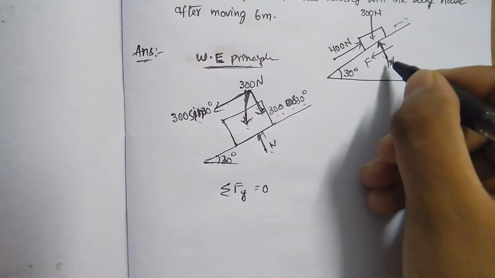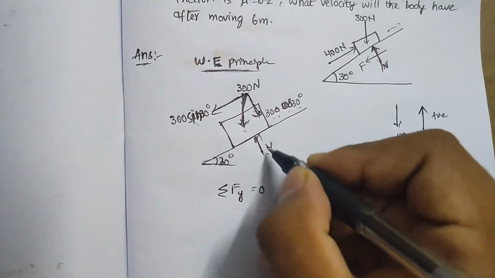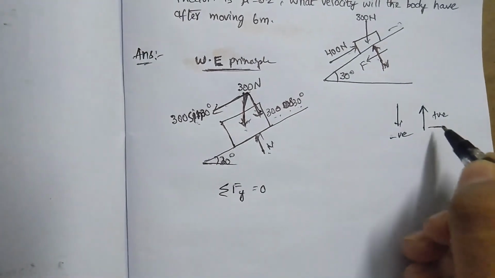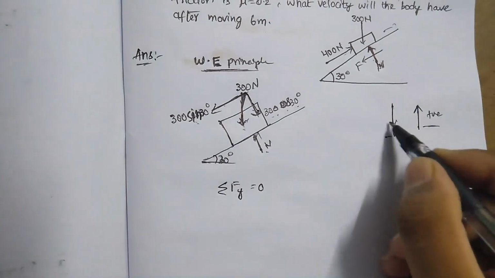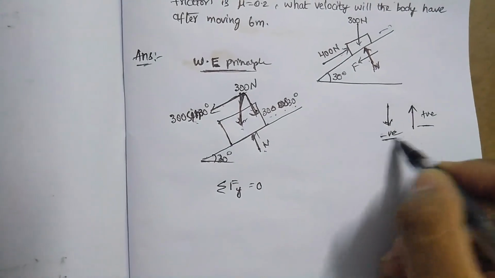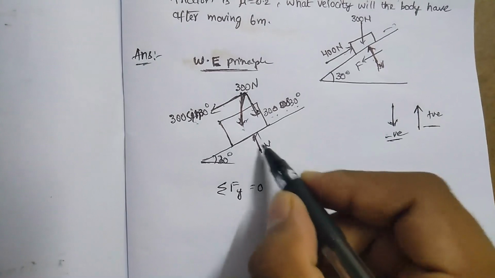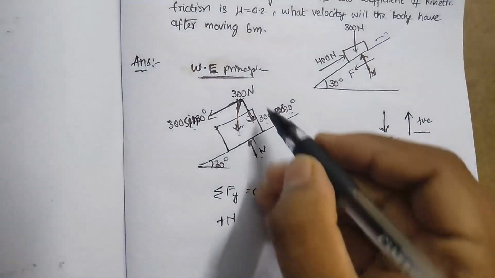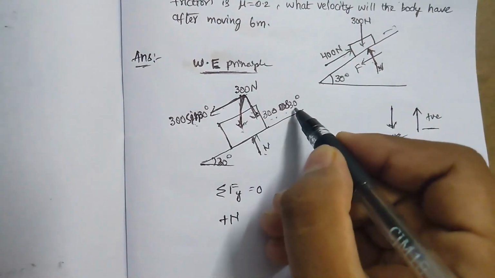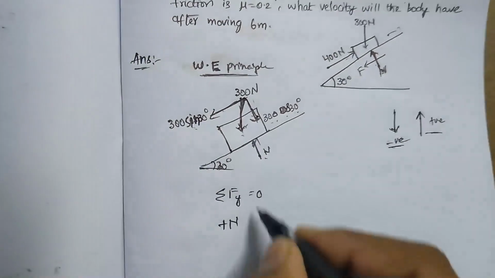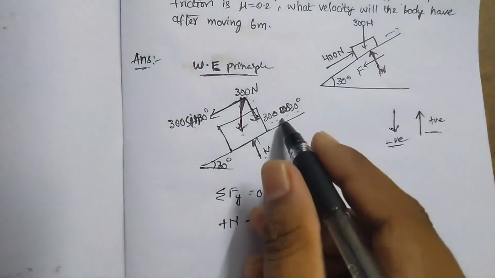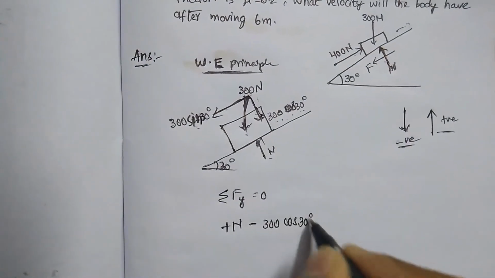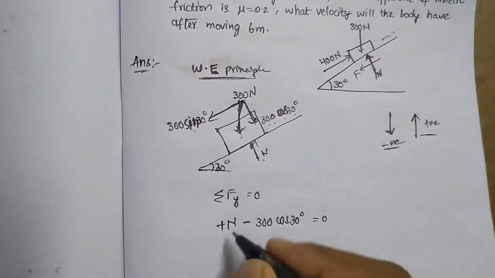Here N is acting in the upward direction, so it is treated as positive, and the forces which are acting downwards are treated as negative. So here N is acting upwards, so plus N. Next, 300 cos 30 is the force acting in the downward direction, so minus 300 cos 30 degrees is equal to 0.